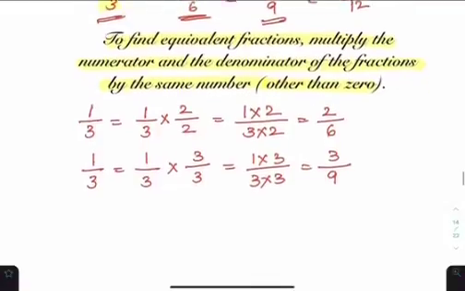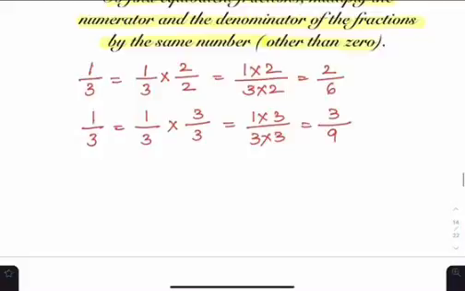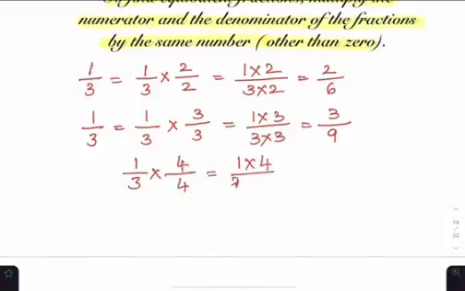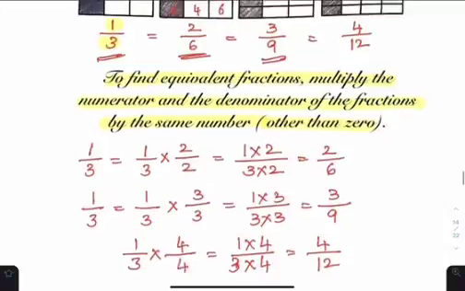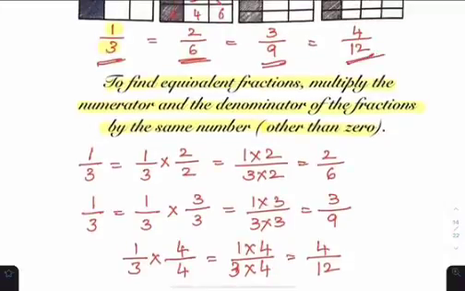Similarly, for the fourth fraction also, 1 by 3 into 4 divided by 4 is equal to 1 into 4 divided by 3 into 4, which is equal to 4 divided by 12, which is again the fourth fraction that I have got. Hence, all these fractions are equivalent fractions.